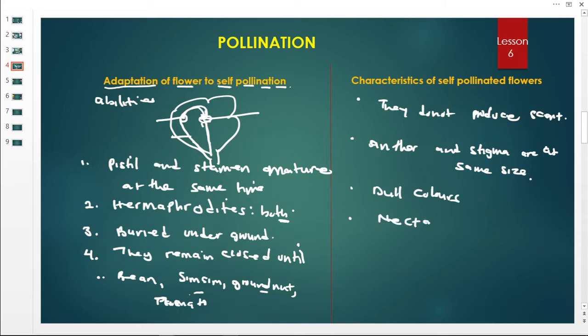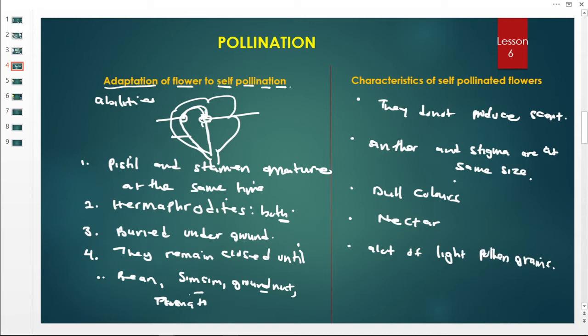Remember we said nectar is the sweet juice produced by flowers, so they don't produce nectar. Number five, they produce a lot of light pollen grains.